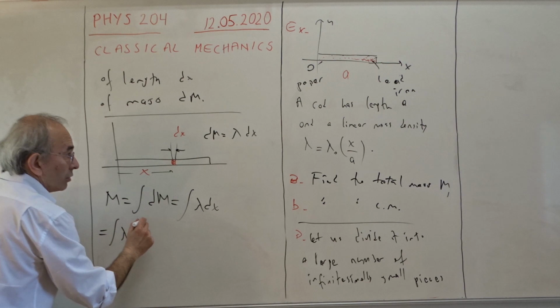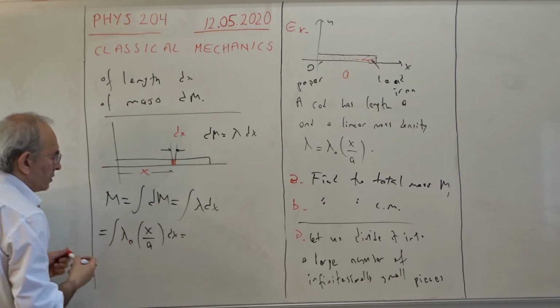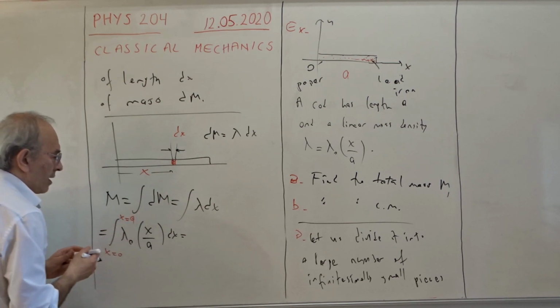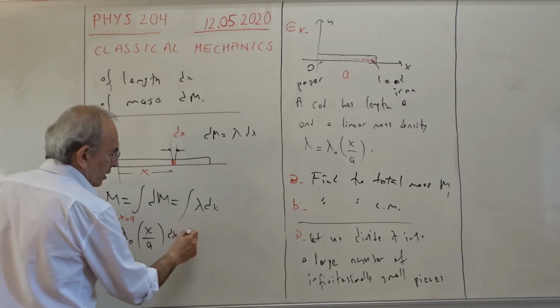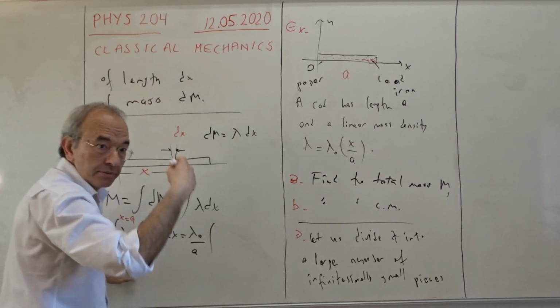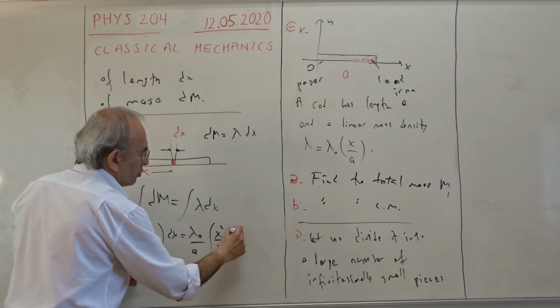So m is the integral of lambda 0 times x over a multiplied by dx, from x equals 0 to x equals a. Lambda 0 over a is taken outside. Inside we have x dx, which becomes x squared over 2, from 0 to a.